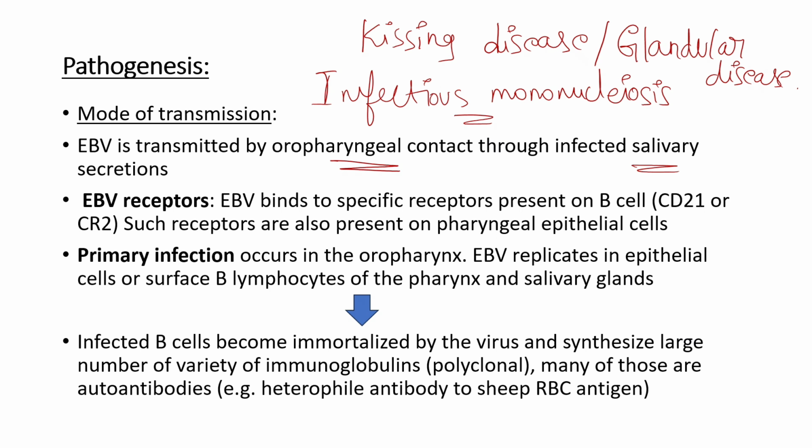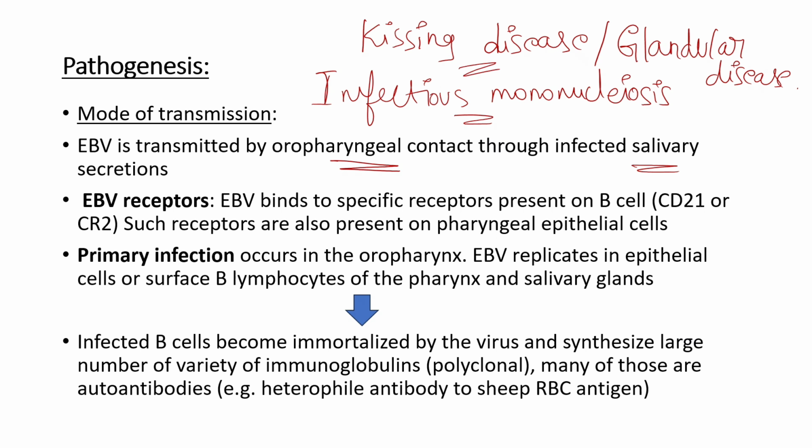Since the mode of transmission is oropharyngeal contact through salivary secretions, this infection is mainly seen in younger adults. Maybe during kissing, this virus will spread from one person to another person. Hence it is called kissing disease.